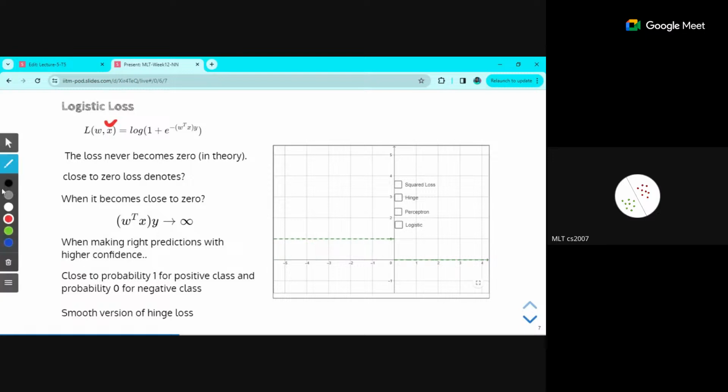So the idea remains the same. You can plot this and also compare, but I would really like you to understand the squared loss and the hinge loss thoroughly. And this perceptron, that I need to discuss.